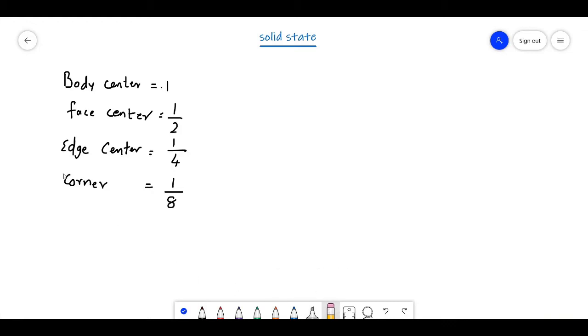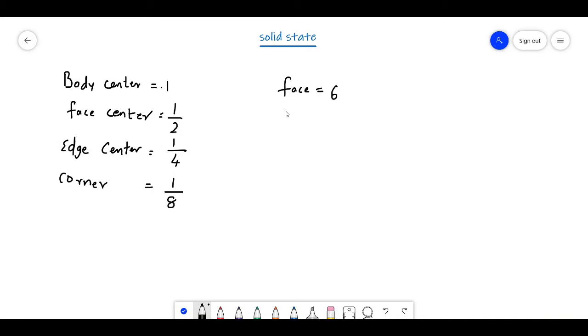So first important point is we have to remember the contributions at body center, face center, edge center and corner. So if you take any cube, then the number of faces in a cube will be equal to 6.